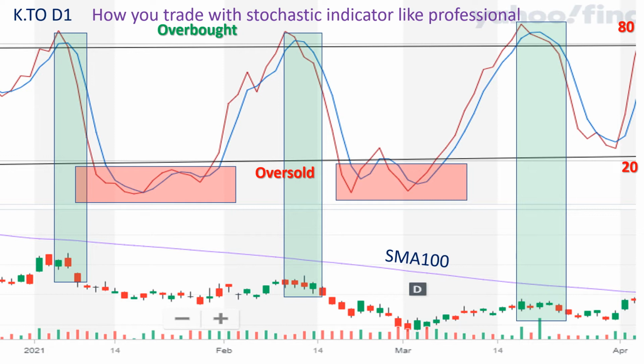As you see in D1 time frame, the trend is going downward. Then you can only exit the trade. So please ignore the oversold area, because the oversold area is for entering the trade only.